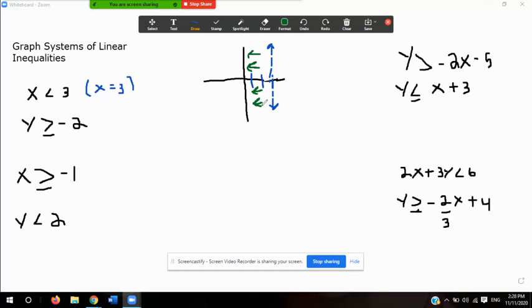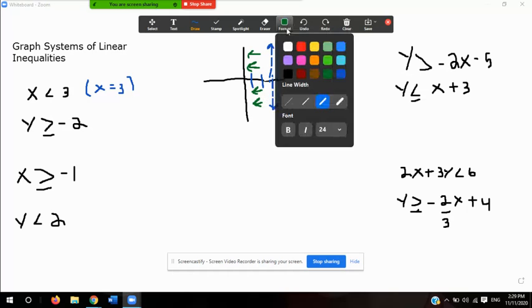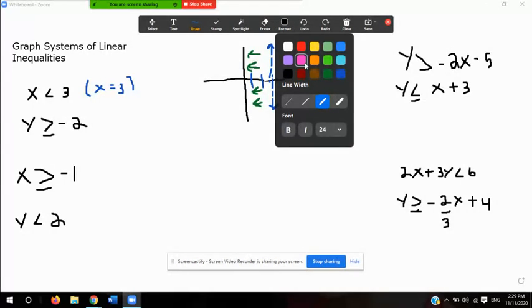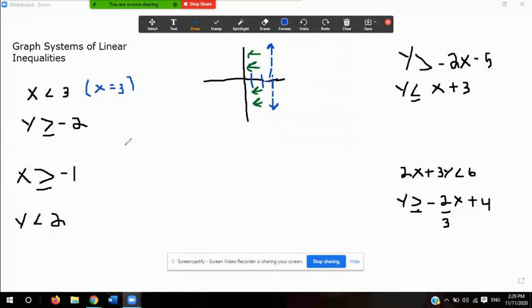We would simply shade in anything that is to the left of 3. But now let's look at the second inequality. The second inequality is saying y is greater than or equal to negative 2. So again, I'm going to do the same thing: change that into y equals negative 2.